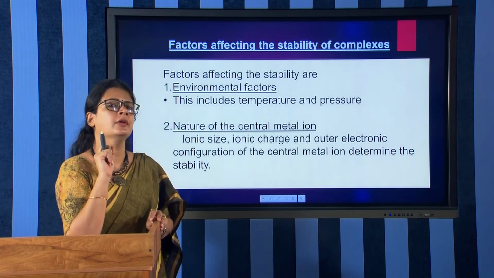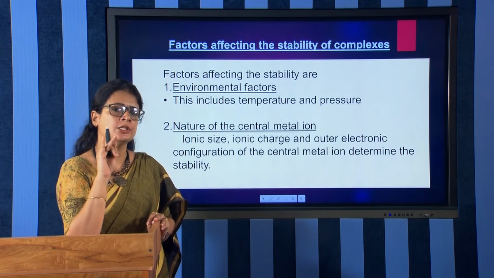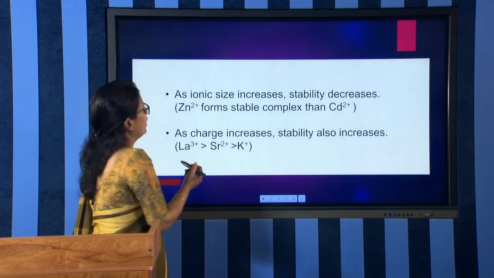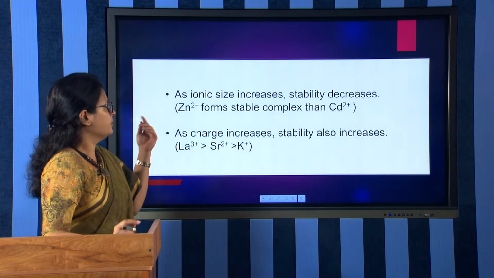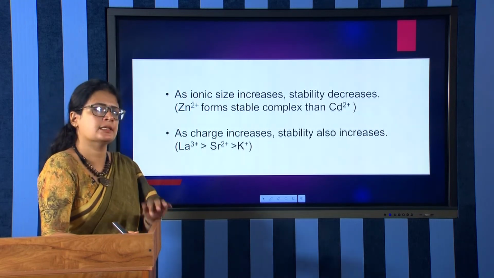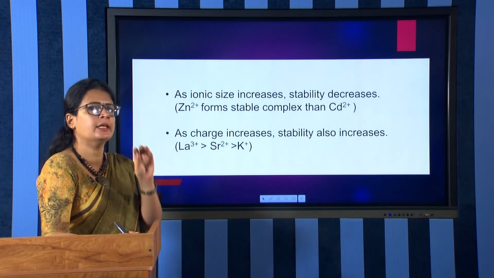Now we can discuss them one by one. As the ionic size increases, the stability decreases. So for a stable complex, the ionic size should be very small.